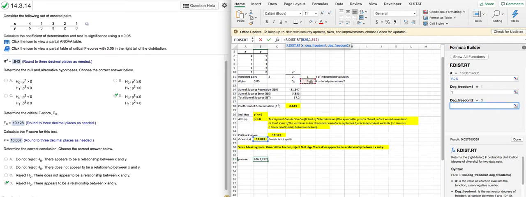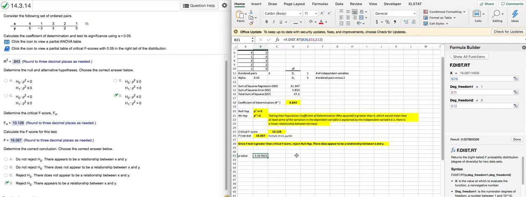I'll put some cell references there. Our p-value is also less than alpha, so we come to the same conclusion and reject the null.